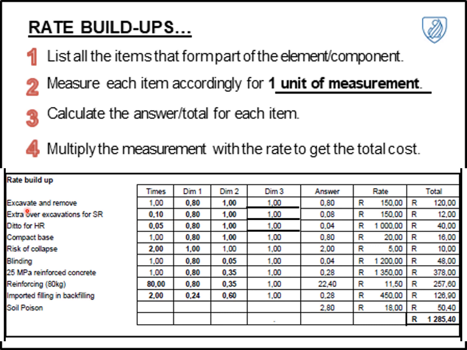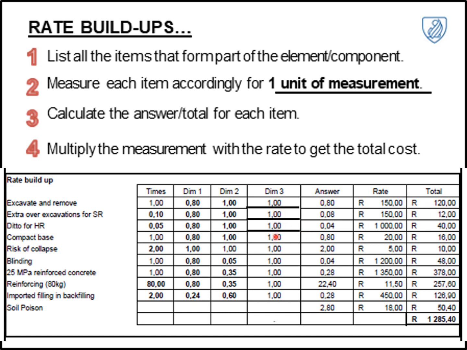So at your excavation remove, we're only looking at one unit, one side of the excavation. It's 800 millimeters wide, the excavations, and 1 meter deep, and then we get to a 0.8 answer times your rate per cube to get a rate per meter.